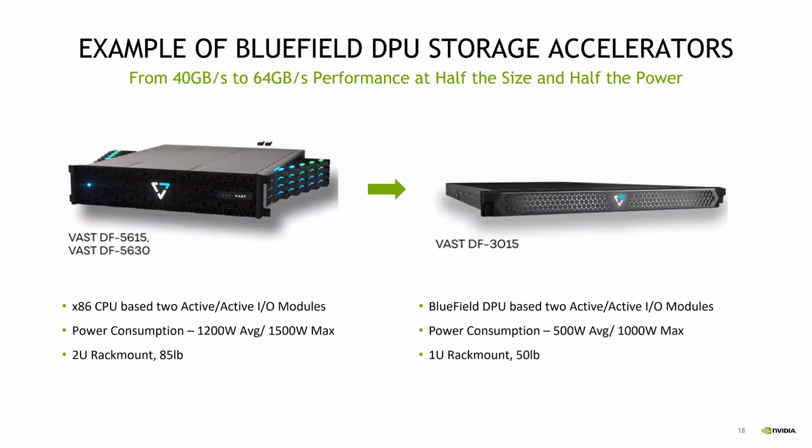Now let's look at some examples where these accelerators have been used and the value they provide to the end user. Here, the DPU not only accelerates the performance of a vast storage system, but also reduces the power, real estate, and weight of the JBOF component. All of these obviously contribute to lowering the total cost of ownership, the TCO, of the data center they are deployed in.